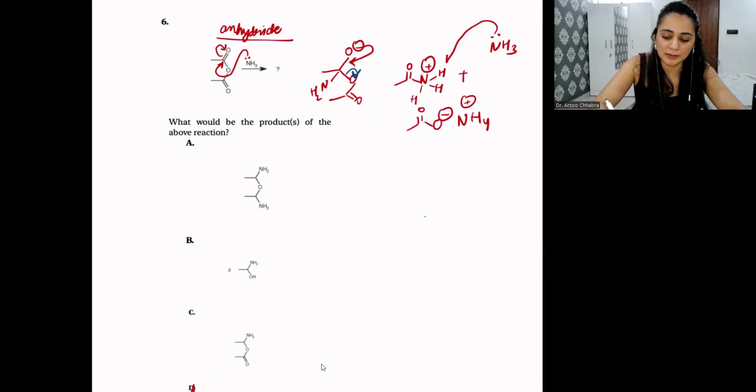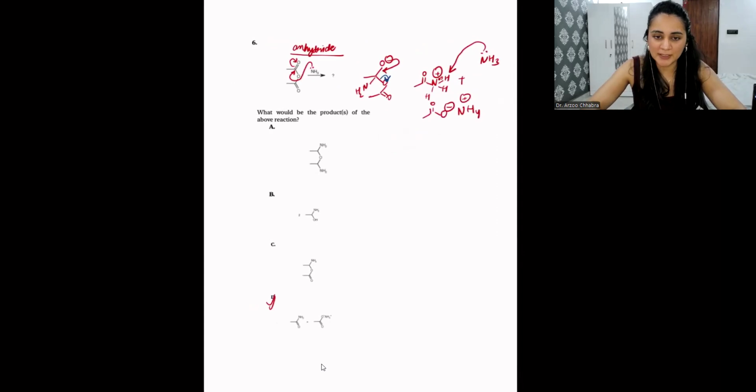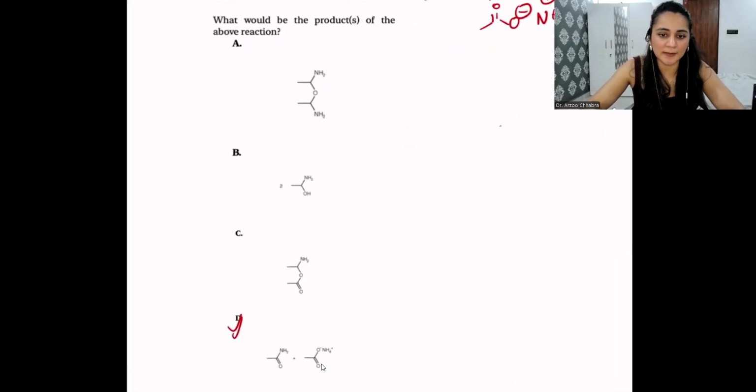Or we can even think of that as a Lewis base. We'll grab the hydrogen, make the product neutral, and so NH4 plus is then one of the side products of the reaction that will sit here as a counter ion for that negative charge. So option D is the correct answer. None of the other answers actually make sense.